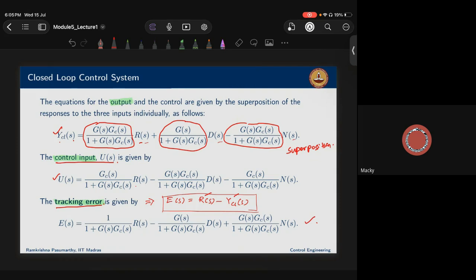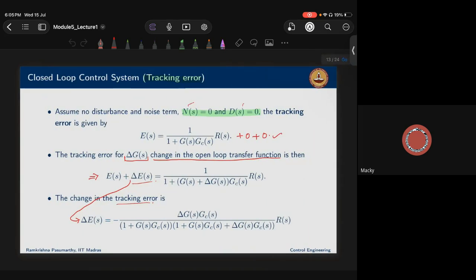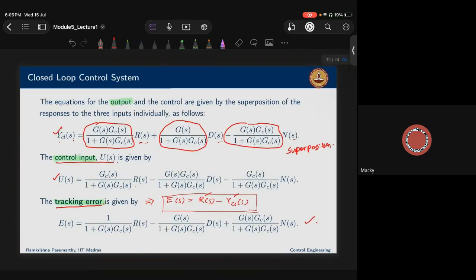Now let us see this individually. What is this tracking error? You will assume the noise and D of s go to 0. So in this expression, this term and this term go to 0. You are left with the first term.